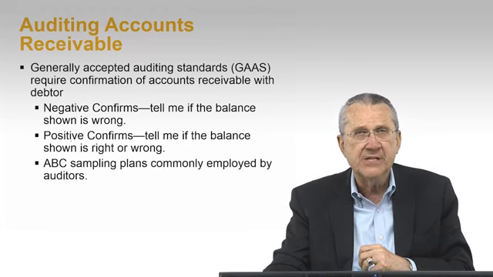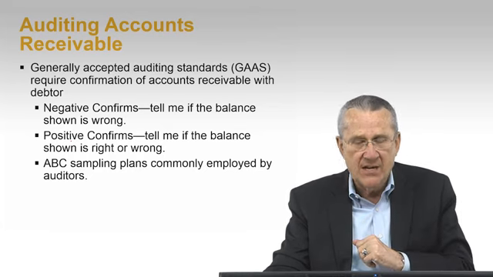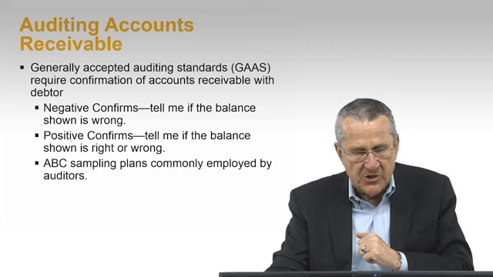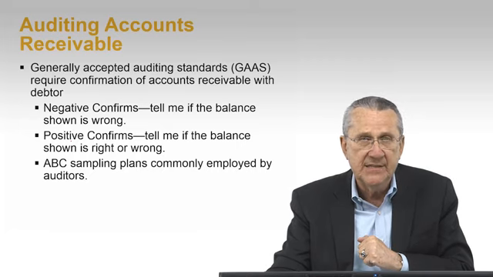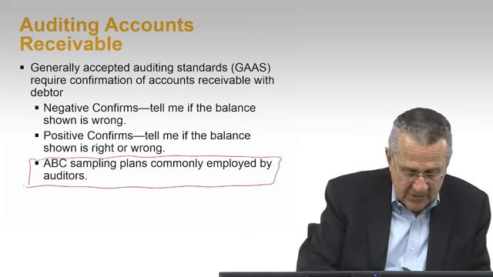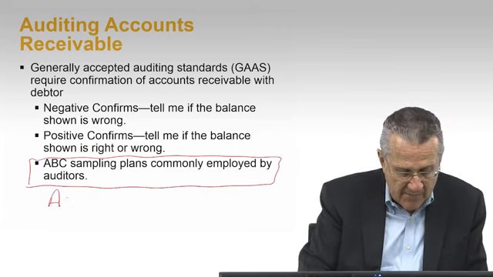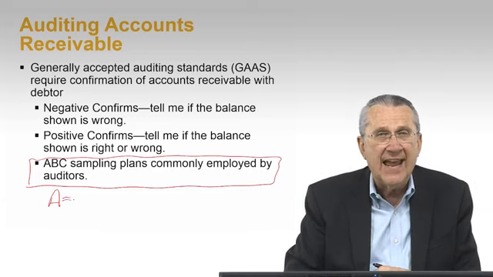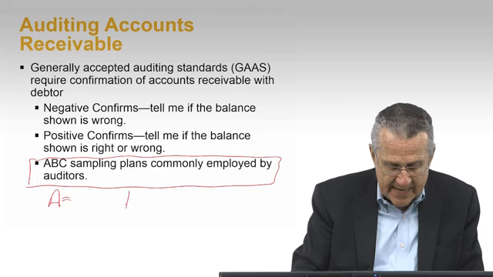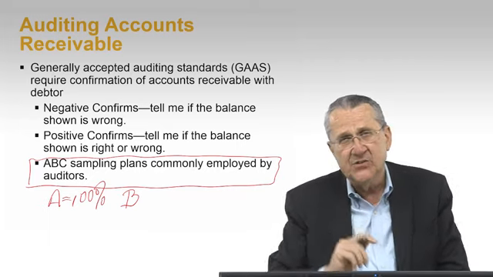So how do auditors audit accounts receivable? Generally accepted auditing standards, which are very unfortunately called GAAS, require confirmation of accounts receivable with debtors. And we probably use an ABC sampling plan so that we divide our receivables into categories, and the large ones might fall in the A category, and we might confirm all of the large ones. And then the B category would be those middle-size receivables.